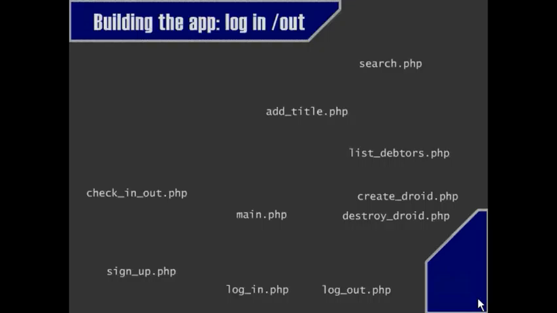Now, depending on which kind of programming language you use, which kind of application development environment, you are going to build your application in different ways. Since I'm using PHP, I've used a number of different scripts that are going to work together to form the application. It's going to serve HTML, and it's going to also query the database to provide the content and the interactivity.